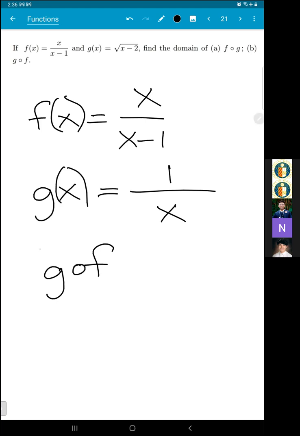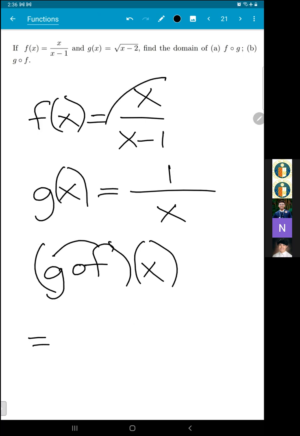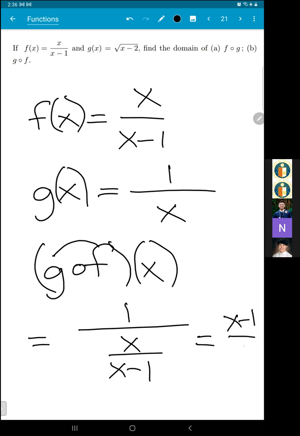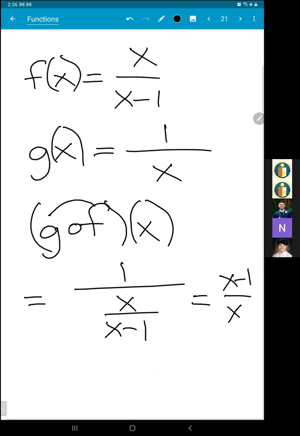So let's do that. g of f would be equal to, you plug in f into g. So this one into this one. So you'll get 1 all over x over x minus 1. And of course, you will naturally simplify that as x minus 1 over x. And then if asked for the domain, you just conclude, oh, the domain is the set of all x not equal to 0. And you get a wrong answer.